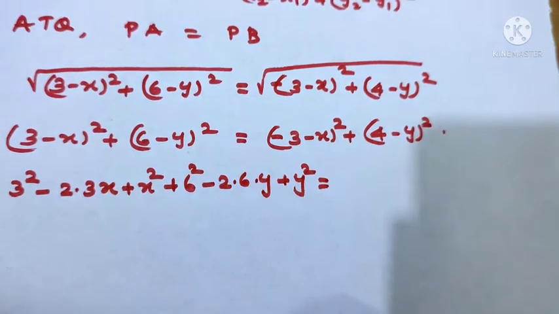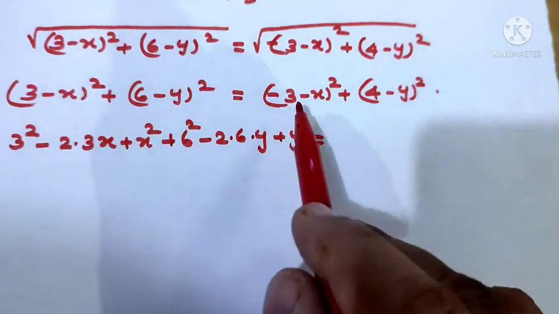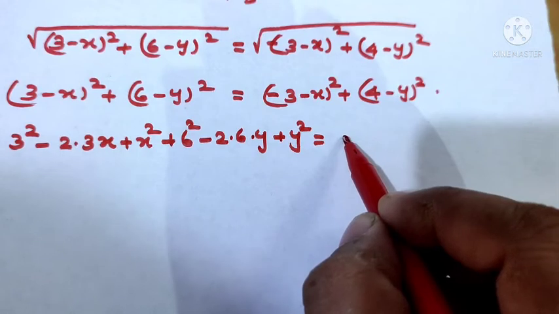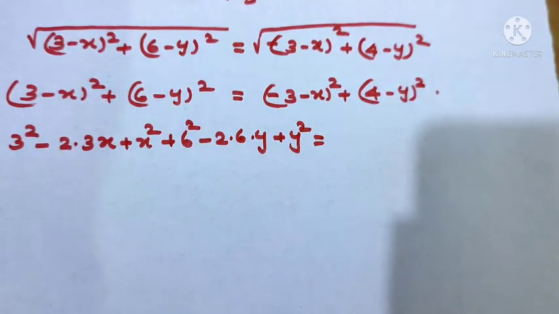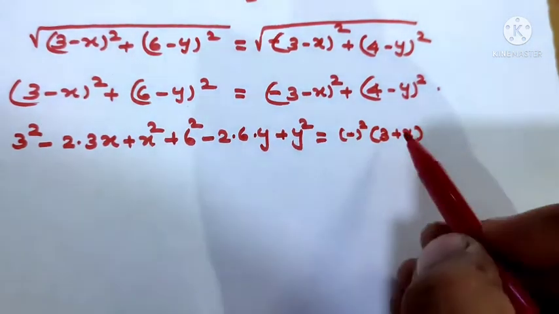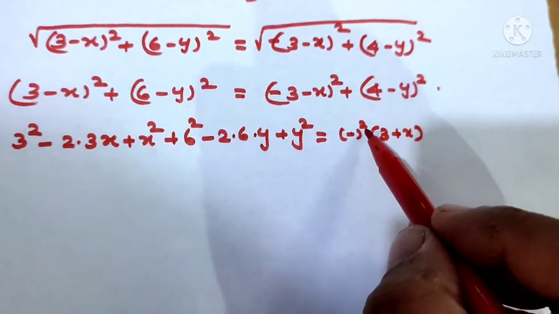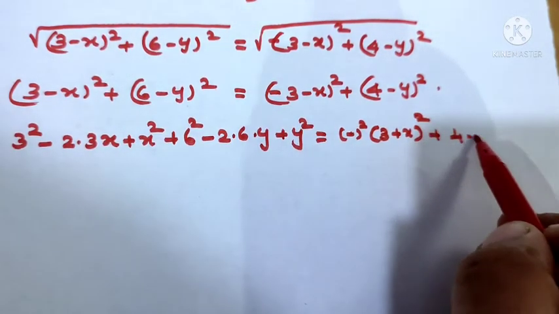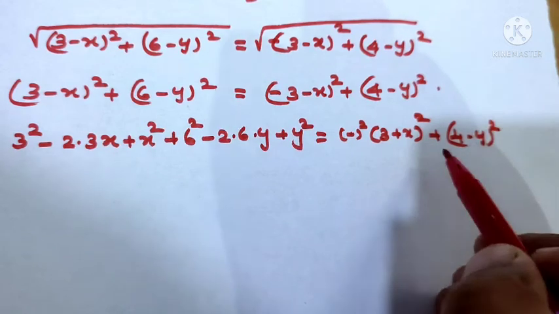Here some children will have confusion. So what will we do? Minus common I will take out. Minus square we are taking out means it is a plus only. See, minus I have taken outside, since it is a square, (3 plus x) whole square, then (4 minus y) whole square. I have not expanded the right side.